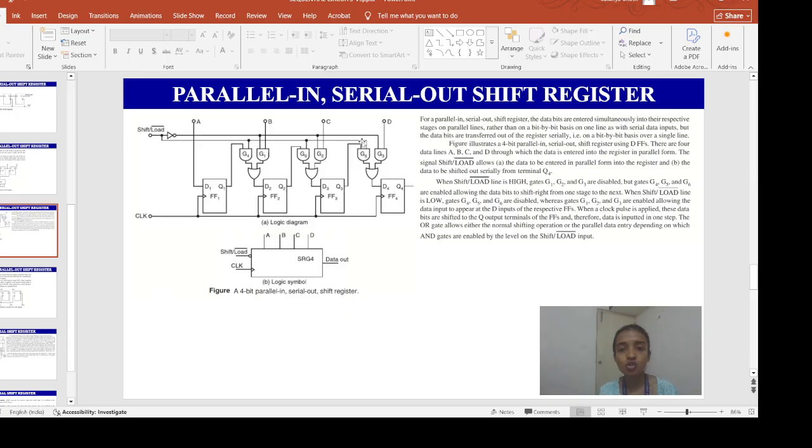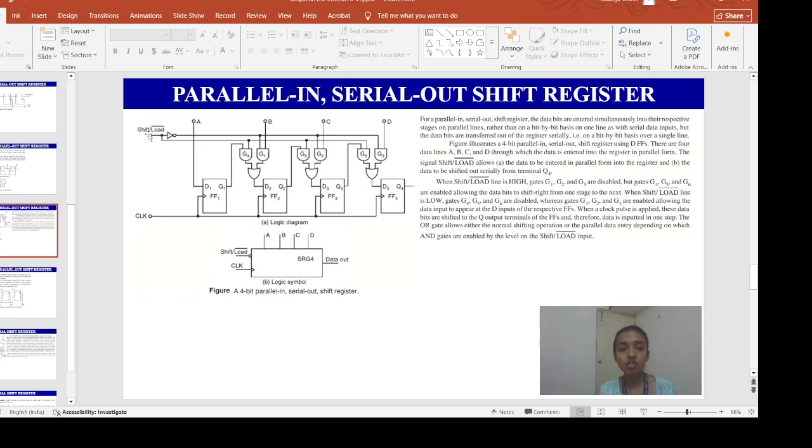So G1, G2 and G3 will be disabled, and G4, which you are taking directly, so G4, G5 and G6 are enabled. So it will allow the data bits to shift right from one stage to the next stage.